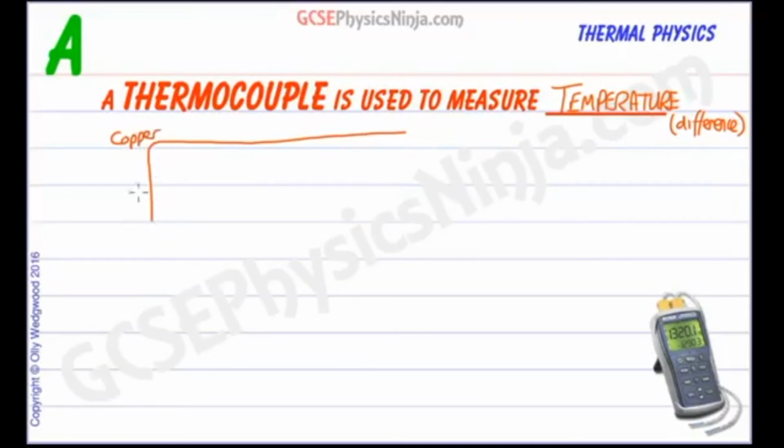And we're going to join that with another metal called constantan. So I'm going to draw that in grey. So there's our first junction, literally together, touching. Now then that comes over here and we have another junction, and we'll connect it with the copper.